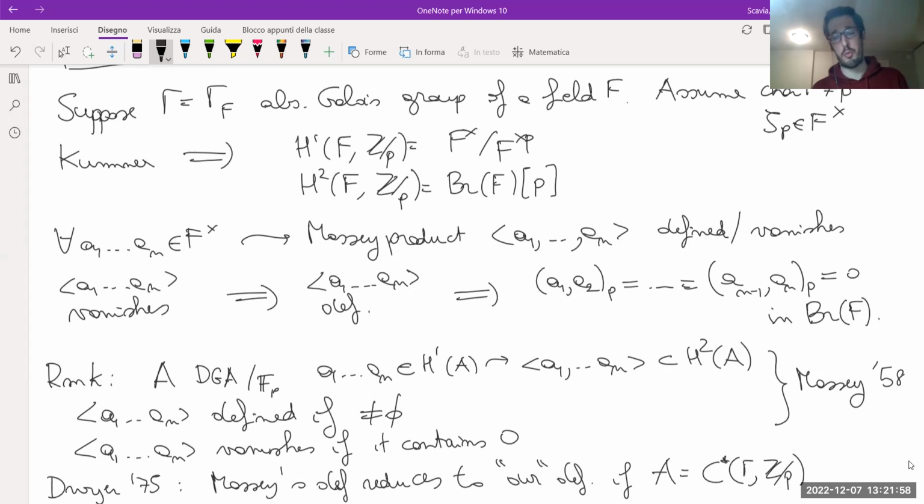Of course, for the topological definition, you have to take the singular cochain complex as a DGA. But we don't need to go through this, because all we care about is when the Massey product is defined or vanishes, and that has this simple interpretation in terms of these homomorphisms.